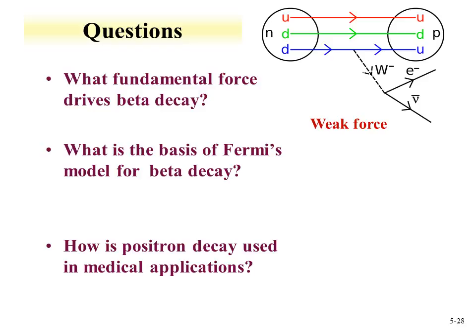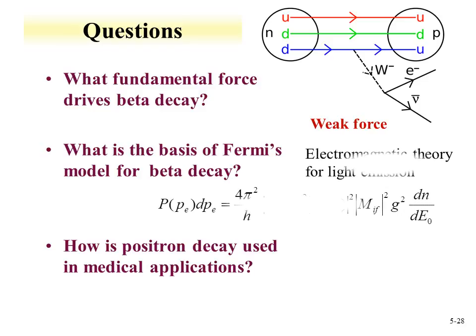So what is the basis of Fermi's model for beta decay? It actually exploits some of this force. It's based upon electromagnetic theory for light emission. So Fermi took that fundamental theory, applied it to the weak force, to this beta decay, where he came up with something that describes the populating of certain energy densities, equal to some constants, the wave function of the electron, the wave function of the neutrino, this mixing matrix, and this Fermi constant, which he fundamentally replaced from the electromagnetic theory.